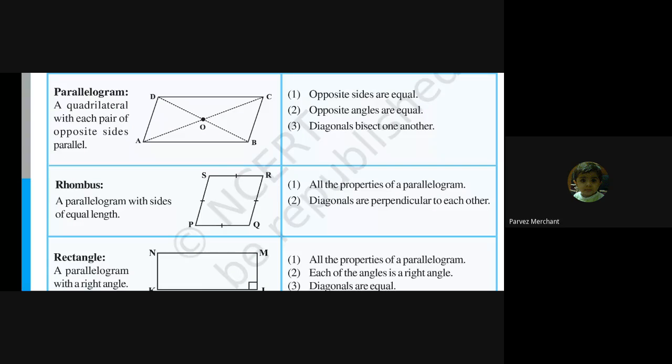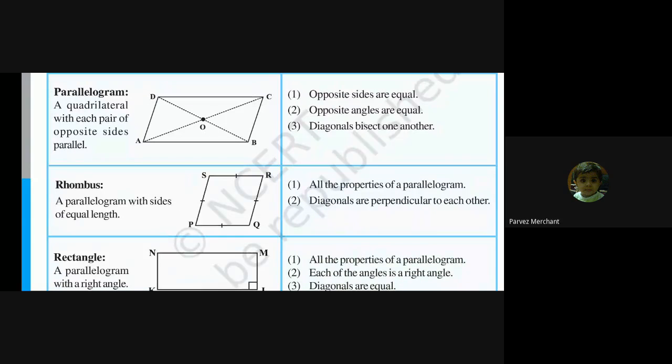Here, the diagonals bisect perpendicularly. It means they make a 90-degree angle. Yes or no? In the definition of rhombus, it is given that it is a parallelogram with sides of equal length. So please remember, all rhombuses are parallelograms.